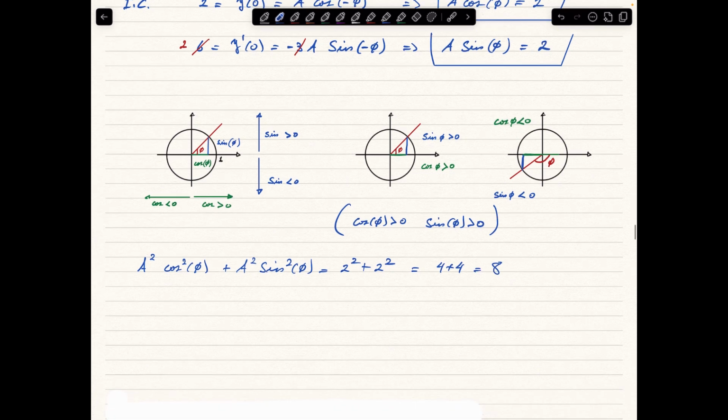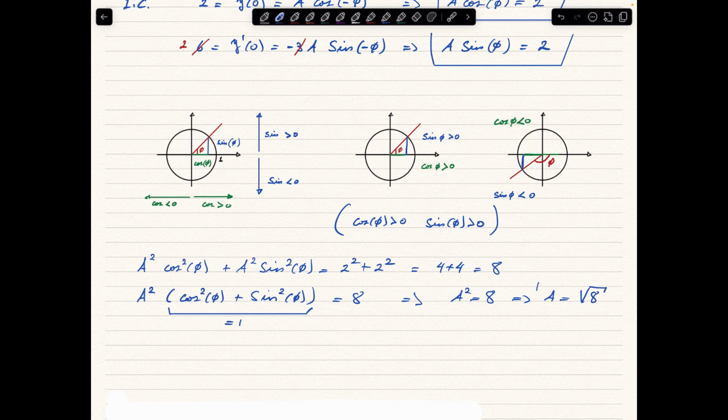On the left side we pull common factor A square, and we have cosine square plus sine square of the same angle equal 8. But we know that because of the Pythagoras theorem, this is equal 1. So here is the equation for A. A square has to be 8, which means that A, because it's the positive root, is square root of 8.